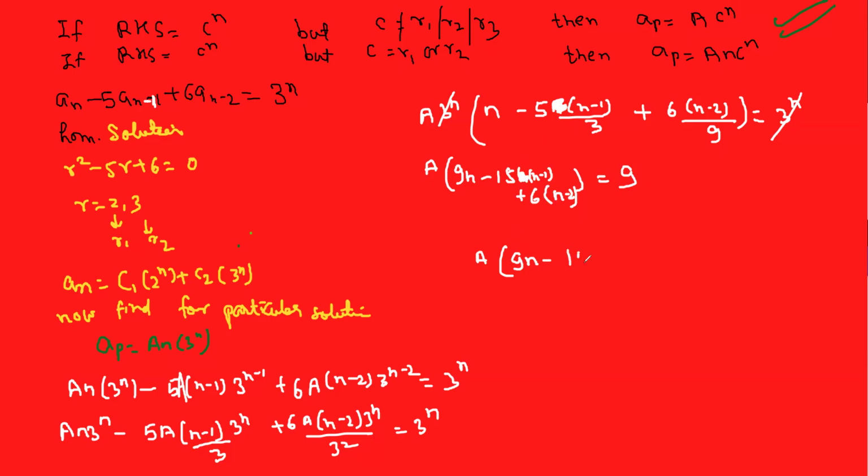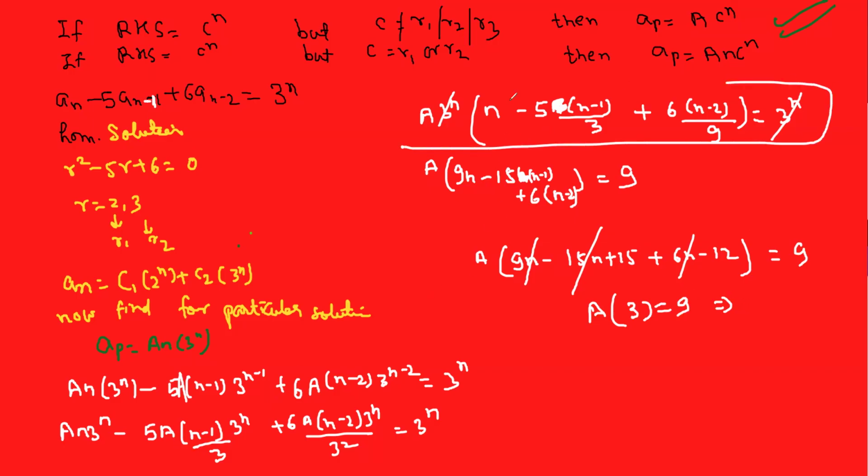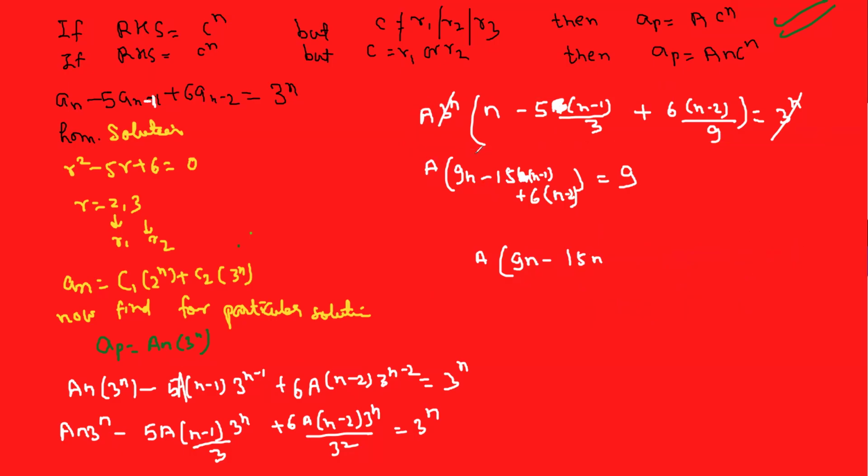So 15 n minus 15 minus 12. Minus 15 n and plus 15 n cancel. Because you multiply 9 on both sides. Okay.